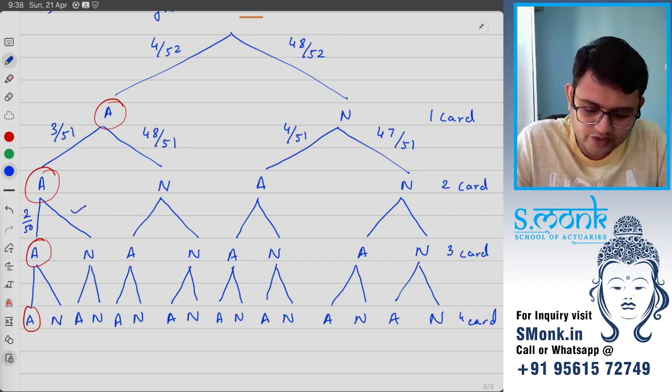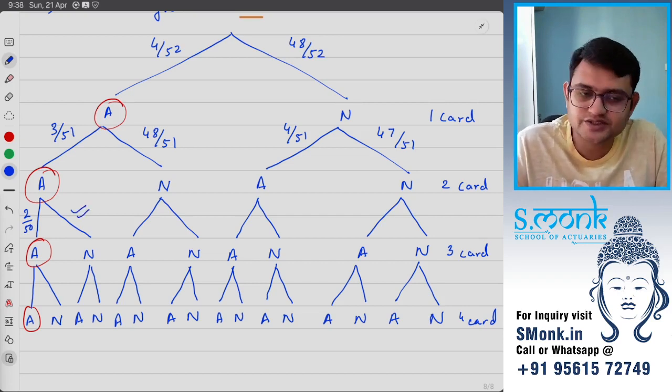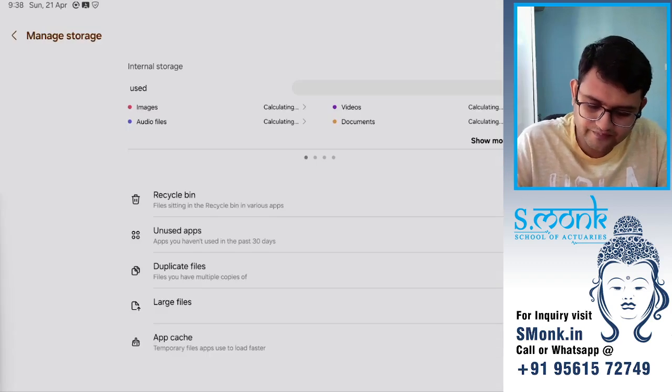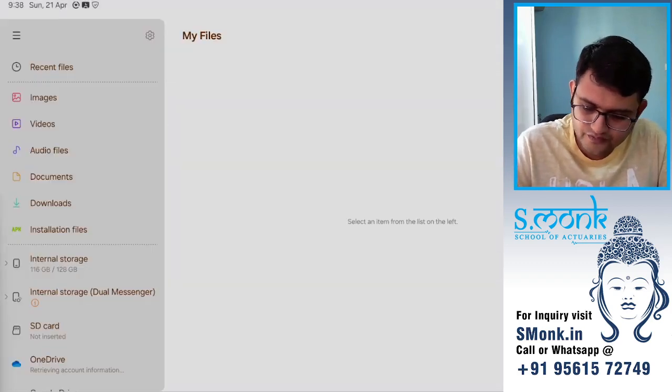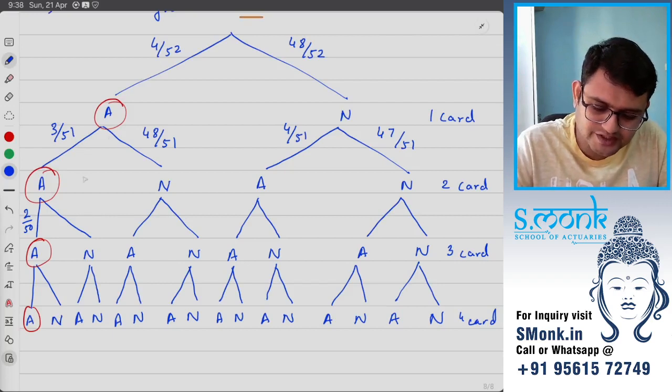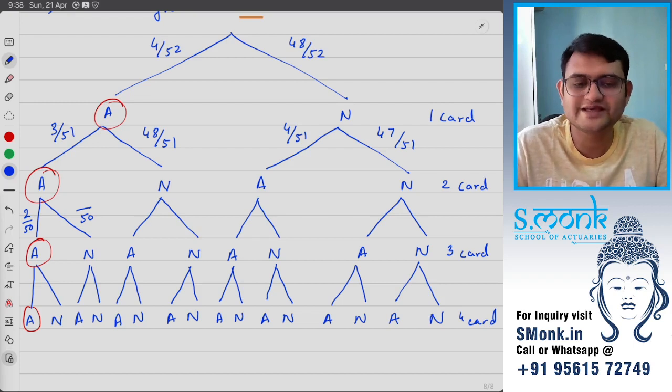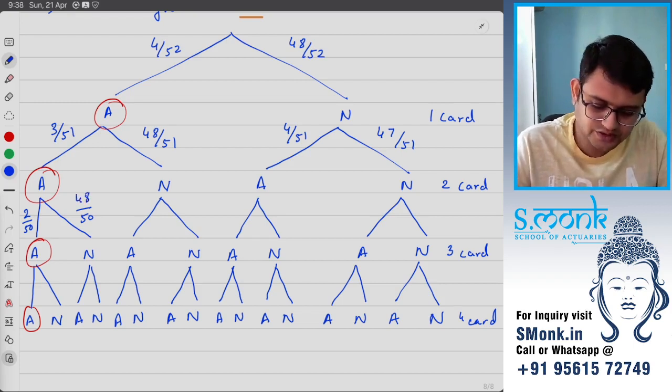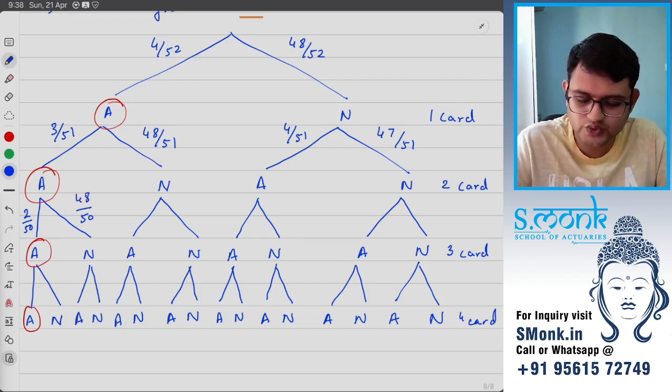If I'm talking about this, I don't need this, but let's talk about it. If I already have 2 aces out, total cards are 50, but total non-ace cards are 48. You can do this for each one of these.